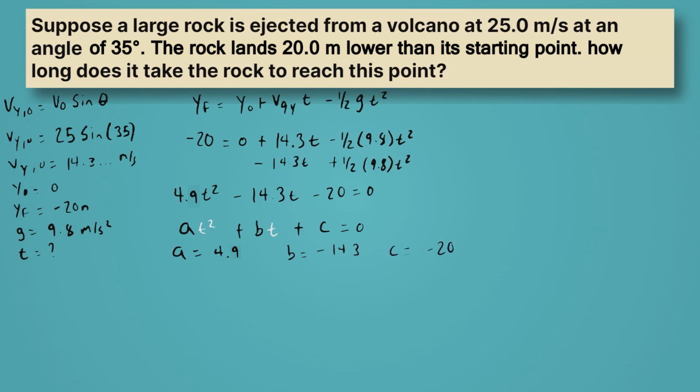Okay, so we have identified our a, b, and c, and now we're ready to grab our quadratic formula, which, remember, tells us that our two roots are equal to negative b plus or minus the square root of b squared minus 4ac, all over 2a. You can sing it if you want.